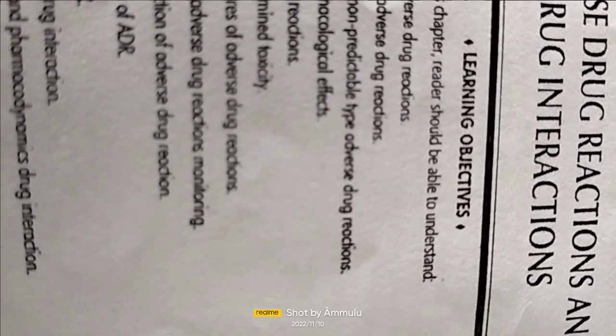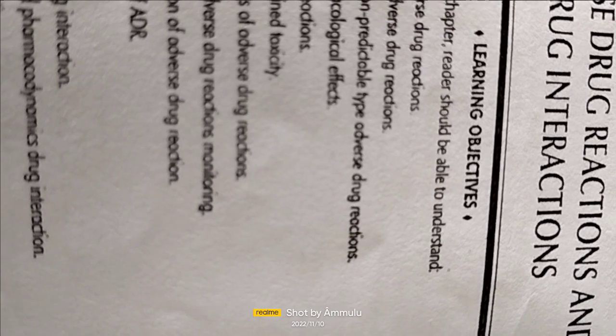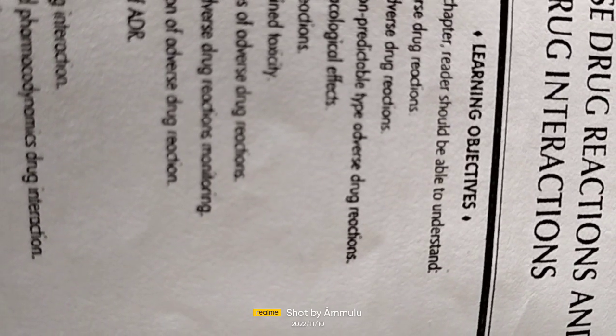And what is the difference between side effects and toxic effects? Side effects can be diagnosed by the doctors, but toxic effects are extreme compared to side effects. So that is the small difference between side effects and toxic effects.